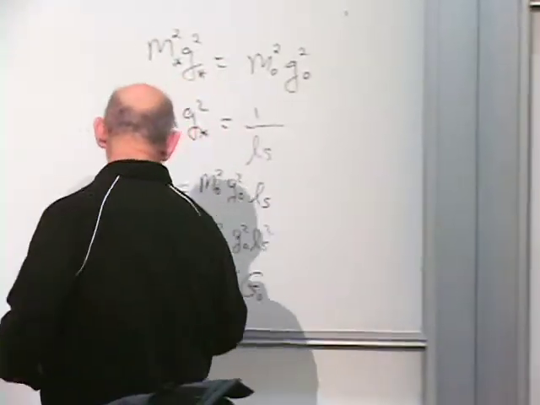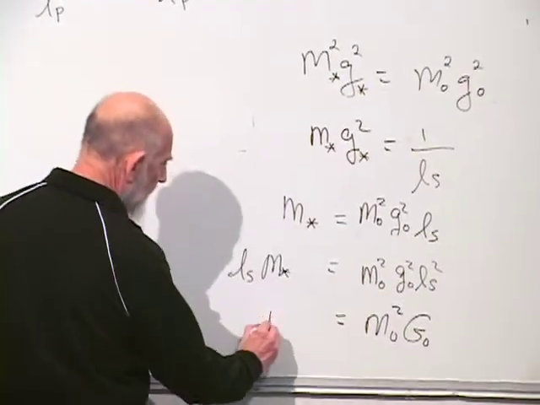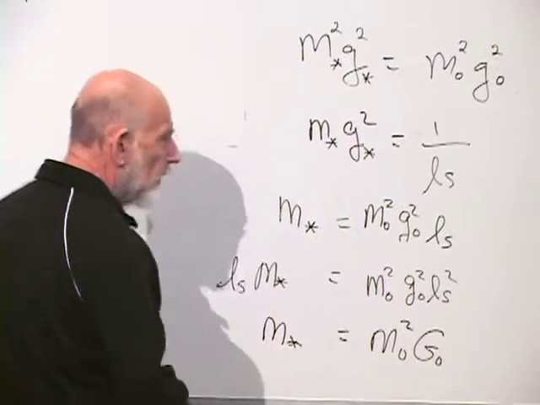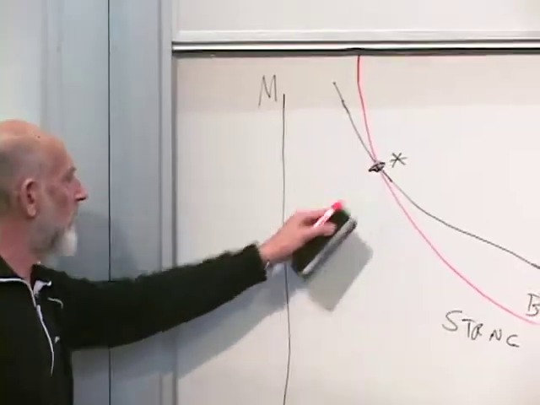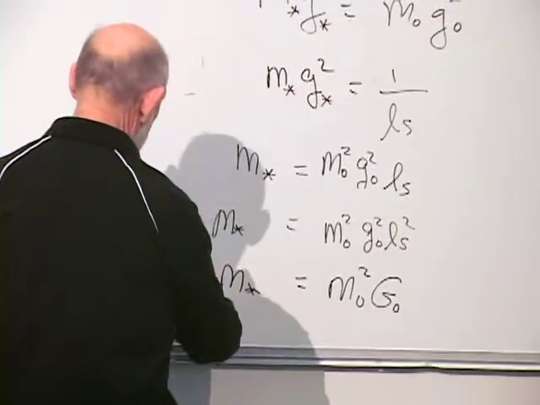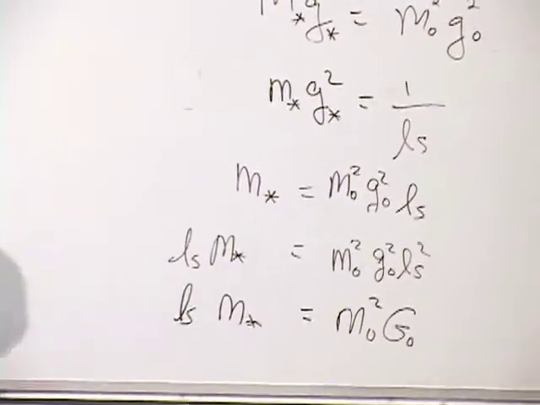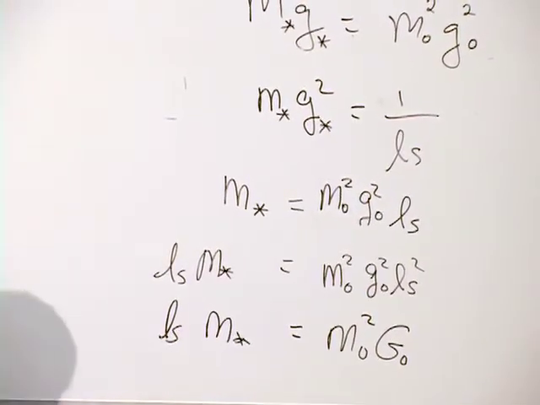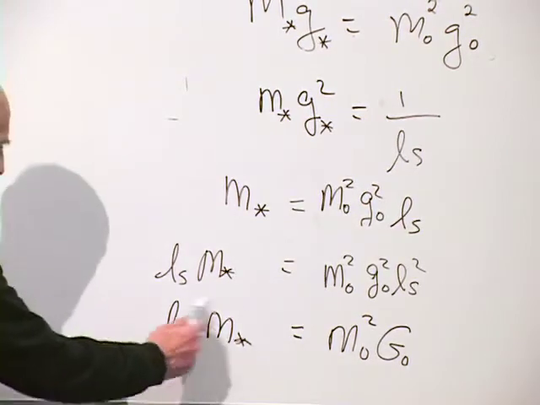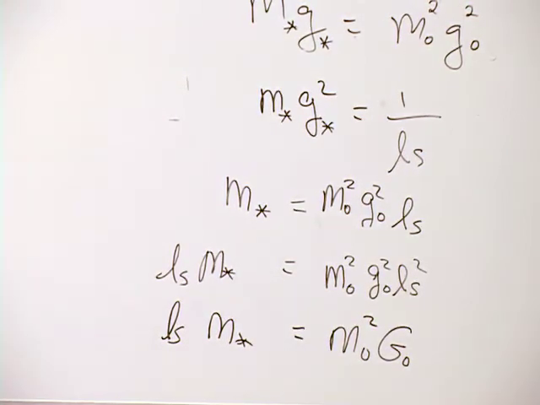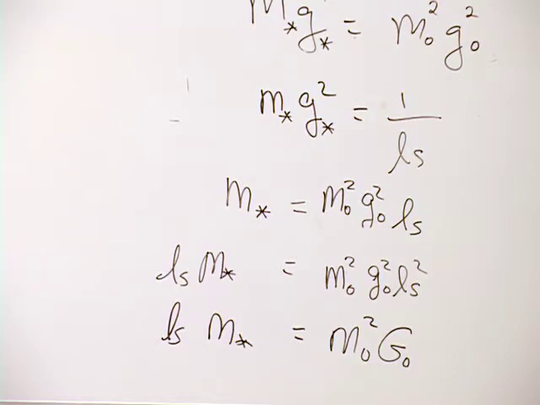But what we find is that it's m star, namely this point over here, times L string. What is this over here? M star, L string times M star. That's the entropy, which doesn't change.